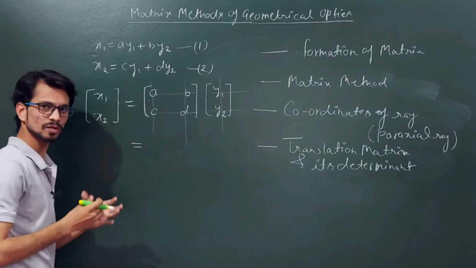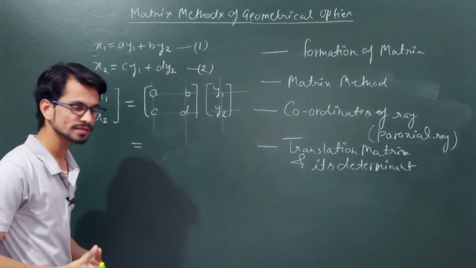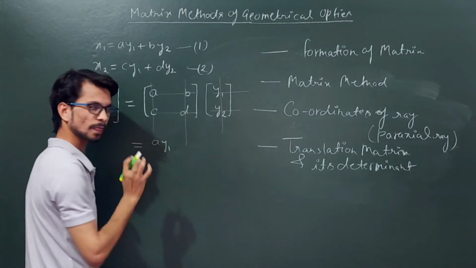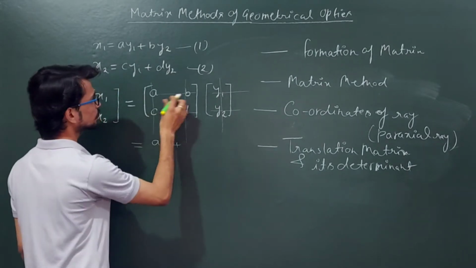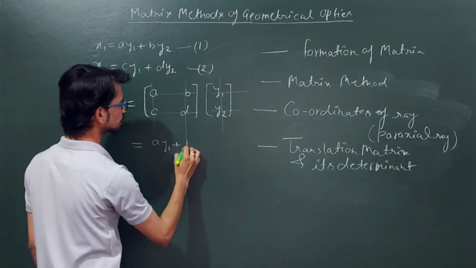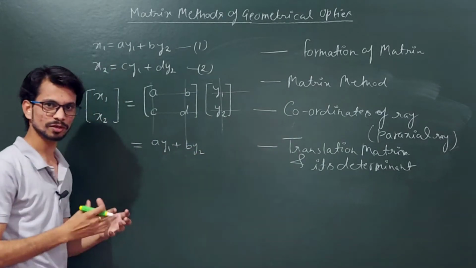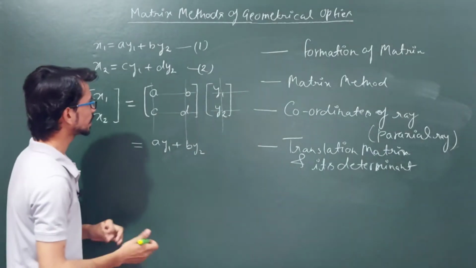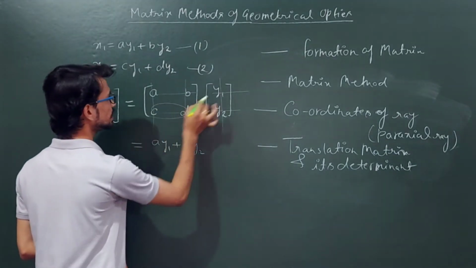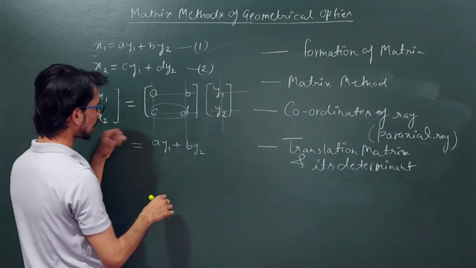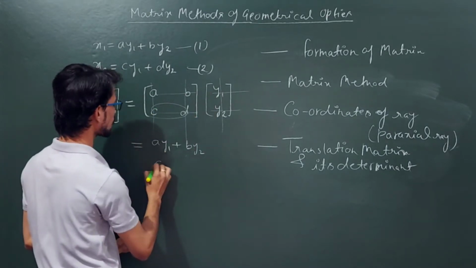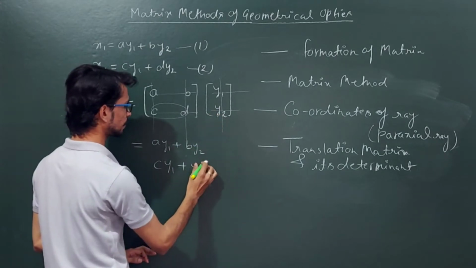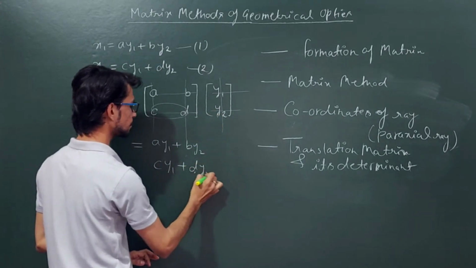As you know how we can multiply two matrices, this is a times y1 plus b times y2. This is what we have for the elements of the first row. Now the turn is for c, d and for y1 and y2. Now I will write c times y1 plus d times y2.